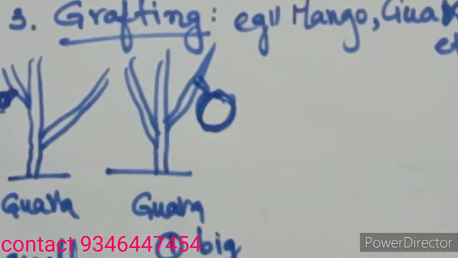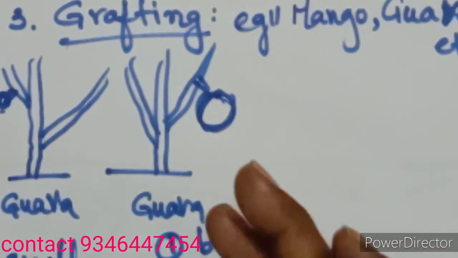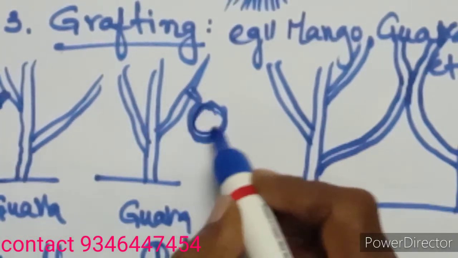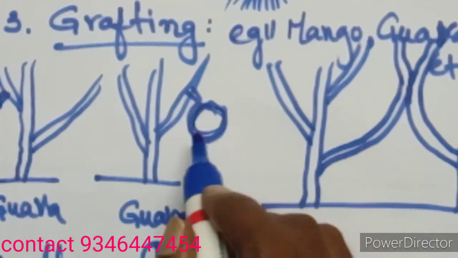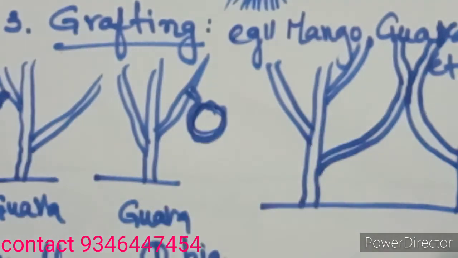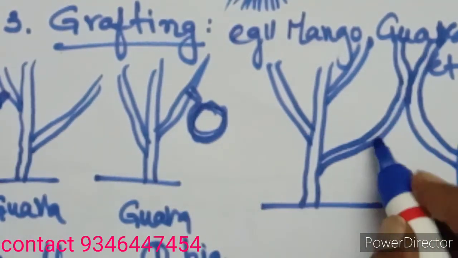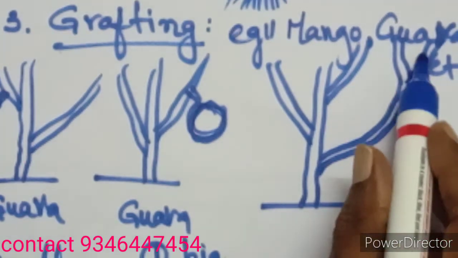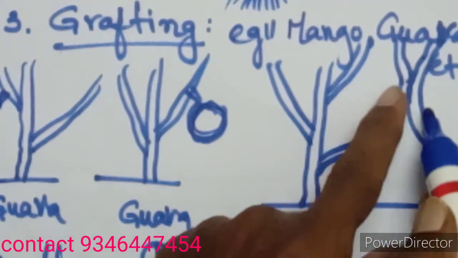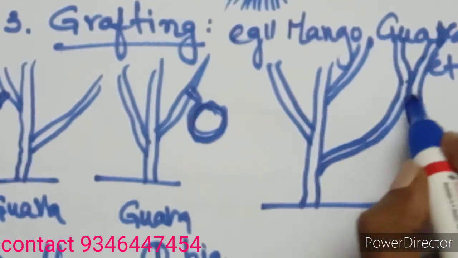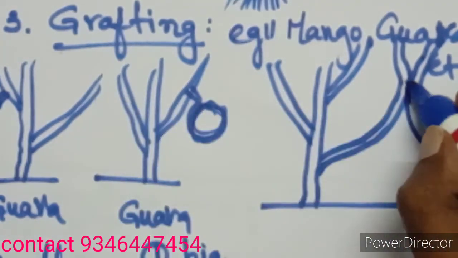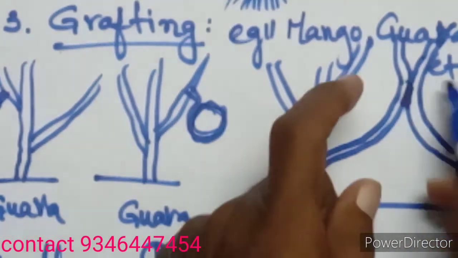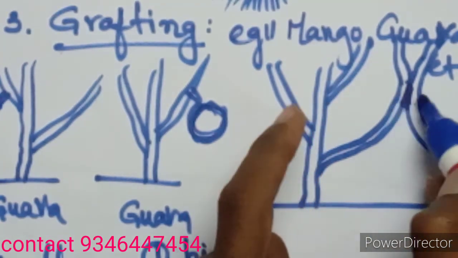Then how can we produce such guava fruits? We need big size fruit with a heavy taste. So from these two plants, this stem is selected and this stem is selected, both brought near, and some small cuttings are made in the two stems.